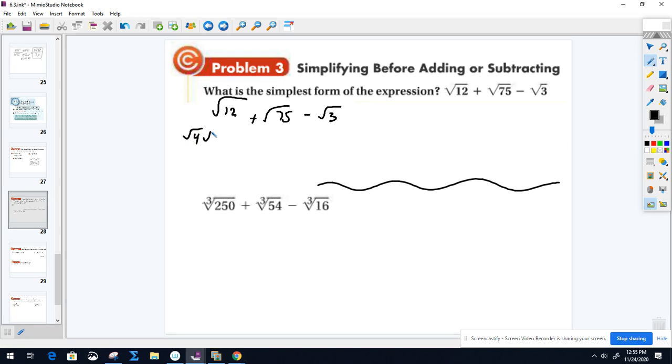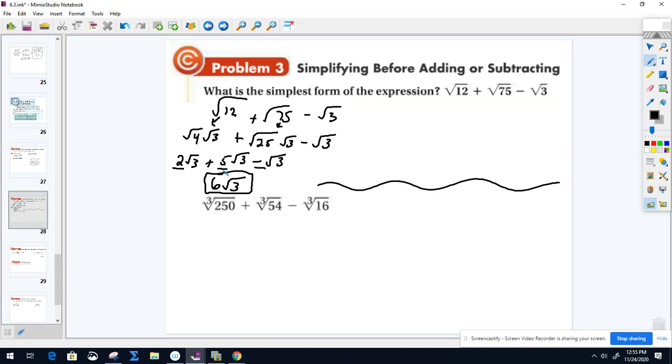Well, this simplifies to the square root of 4 times square root of 3, plus square root of 25, square root of 3, minus square root of 3. Right? I got these two from the 12, these two from the 75, which is 2 square root 3 plus 5 square root 3 minus square root of 3. All have the same index and base, so I can add 2 plus 5, which is 7, and subtract 1, which is 6, square root 3, and that's my simplified answer.